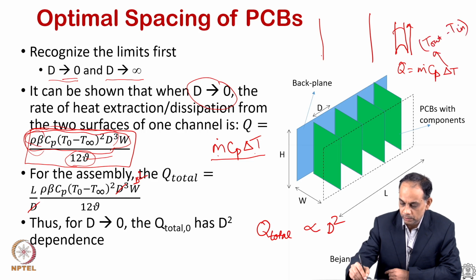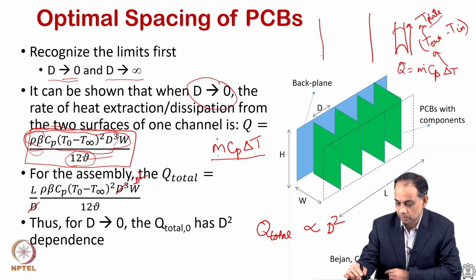The T out is nothing but the maximum temperature the outlet fluid can reach, which is only the plate temperature. So, you use delta T equal to T plate or T wall minus T in, and m dot Cp.